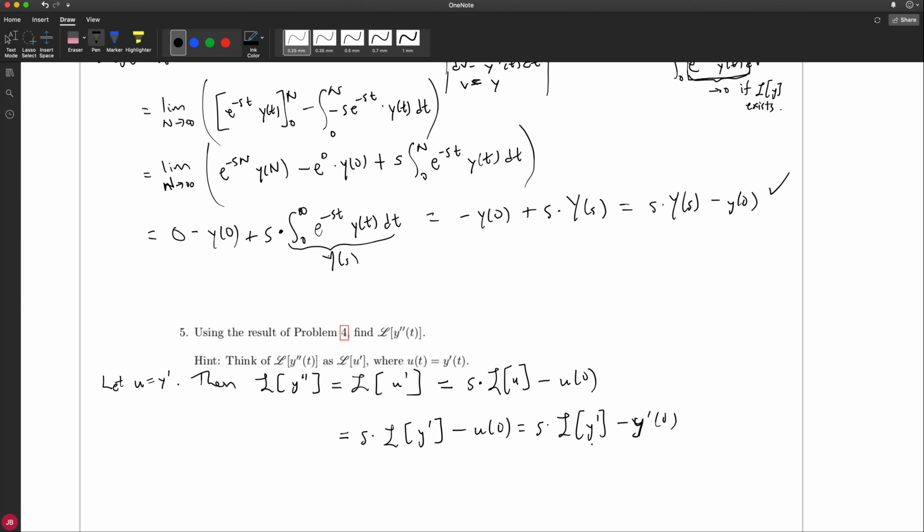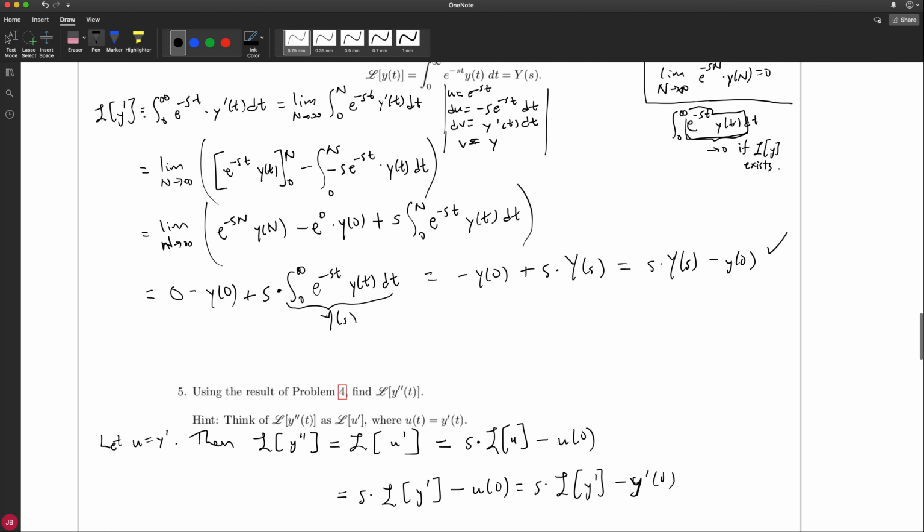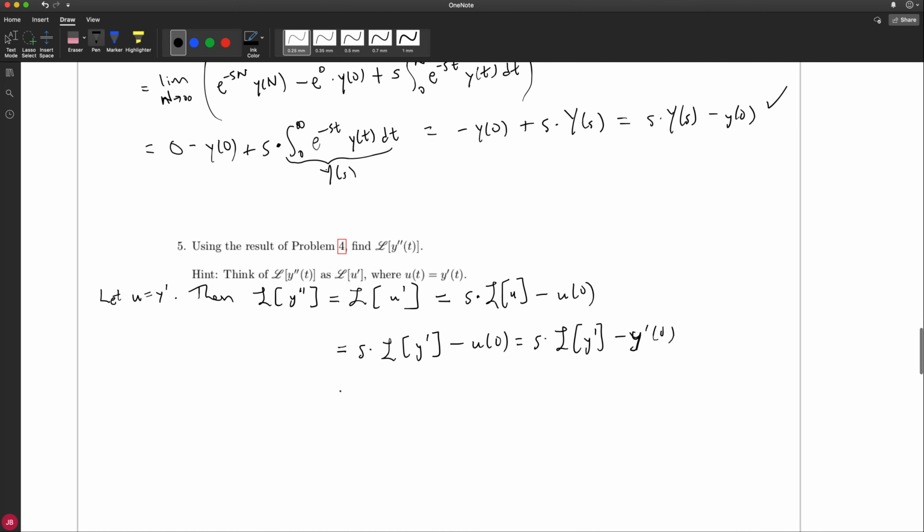All right, well now let's look above. This is L of y prime, and our answer is way over here, s times capital Y of s minus little y of 0. So just use parentheses, but I think we're almost done, right? So L of y prime gets replaced by, there it is just above next to the check mark, s times capital Y of s minus little y of 0.